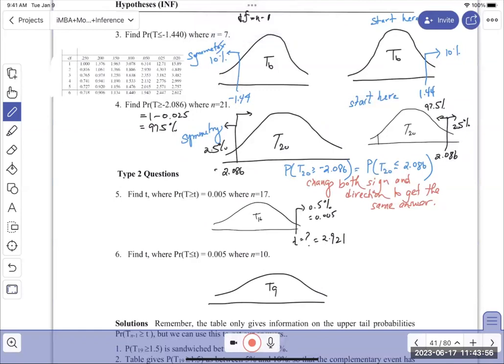So T9, where do I put my critical value? It says to the left of the critical value is a very small number.